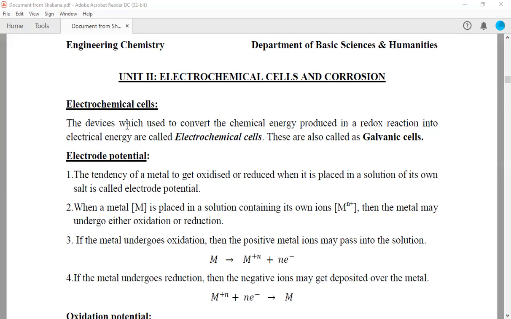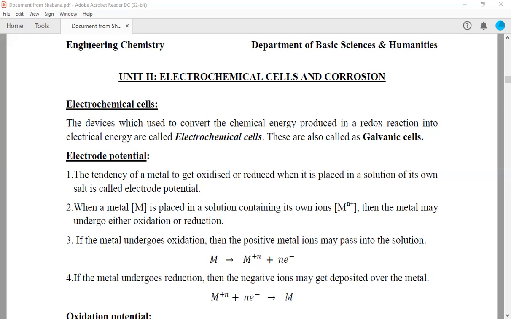The electrochemical or galvanic cell is a reversible and spontaneous reaction, whereas in the electrolytic cell the process is irreversible and not spontaneous. In the electrolytic cell, only one type of electrolyte is used, whereas in the electrochemical cell, two electrolytes are used.